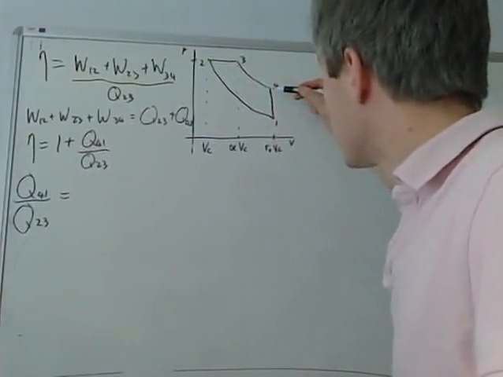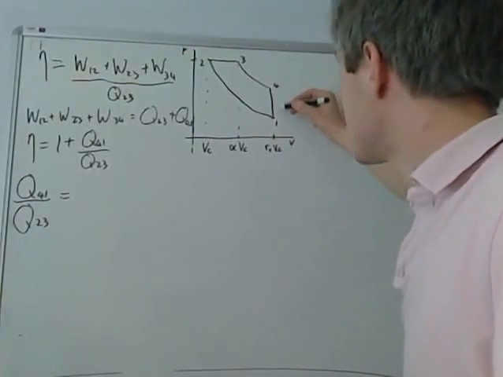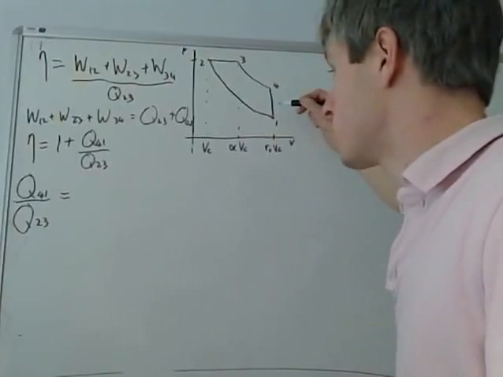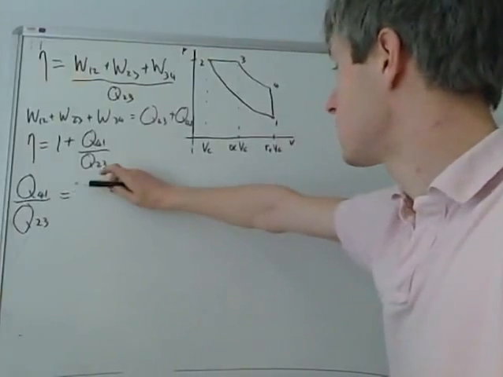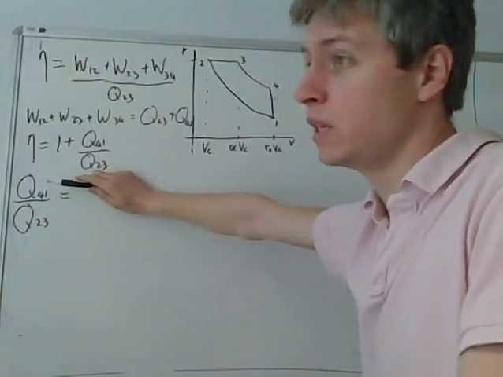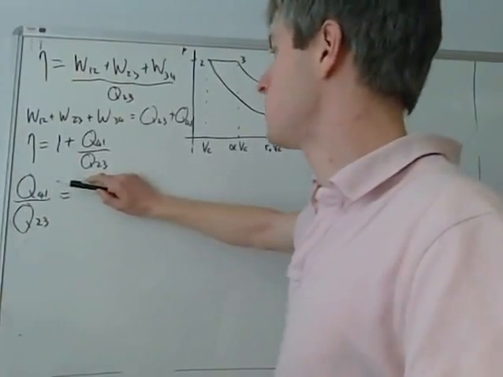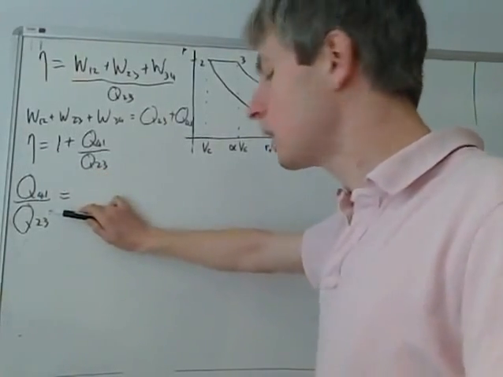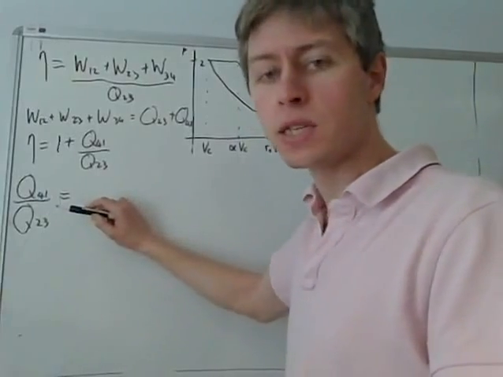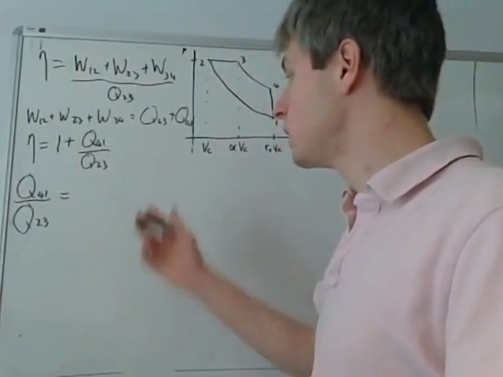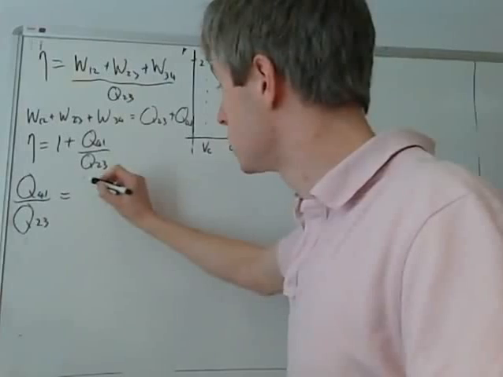However, now, while we're still rejecting heat during a constant volume process, so that this heat output will be the mass times constant volume heat capacity times temperature difference, this heat is added at constant pressure. So that means that we need to use a different heat capacity.